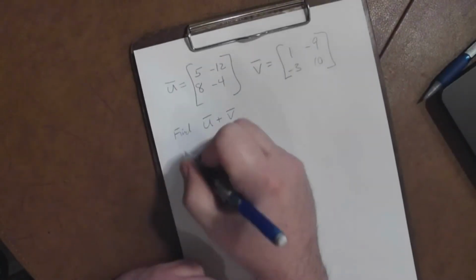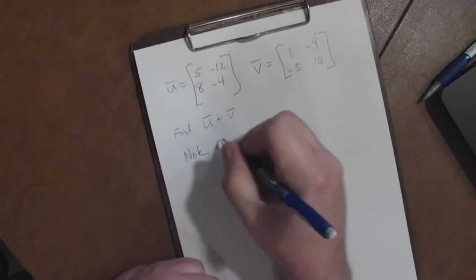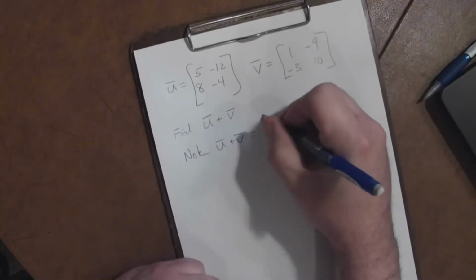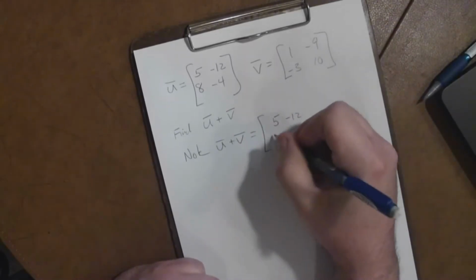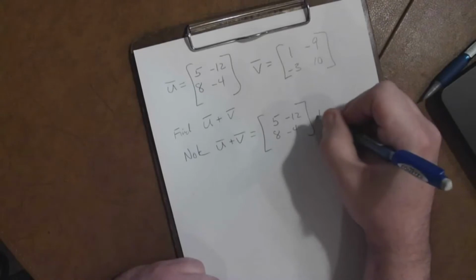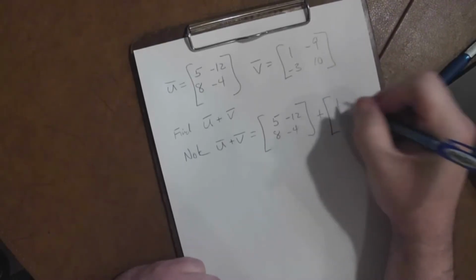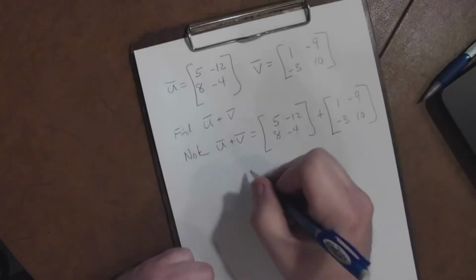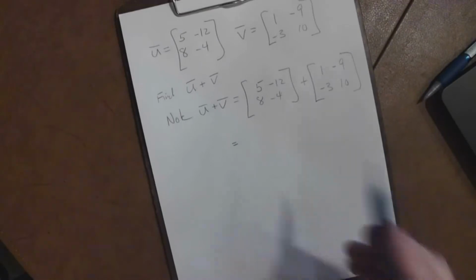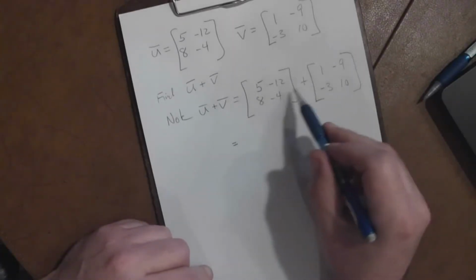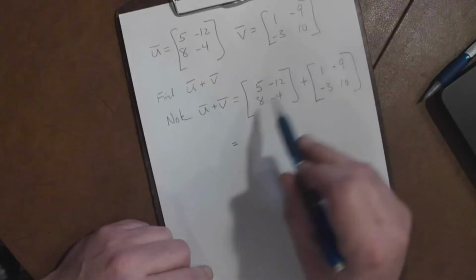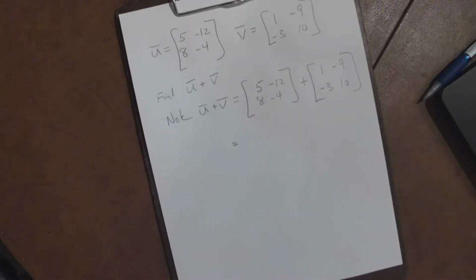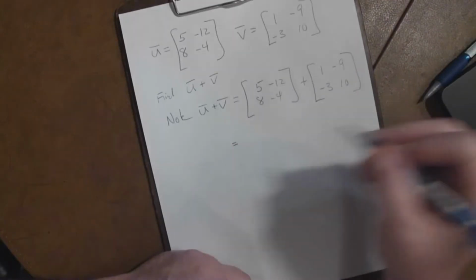What we might note is matrix U added to matrix V is the matrix 5, negative 12, 8, negative 4, added to the matrix 1, negative 9, negative 3, and 10. In this particular case, the process is going to feel rather intuitive. You're just going to distribute the sum across the components of each of these matrices.